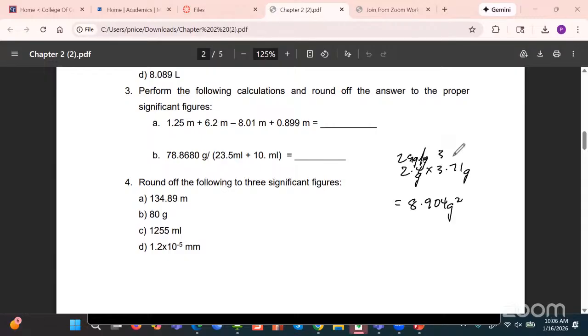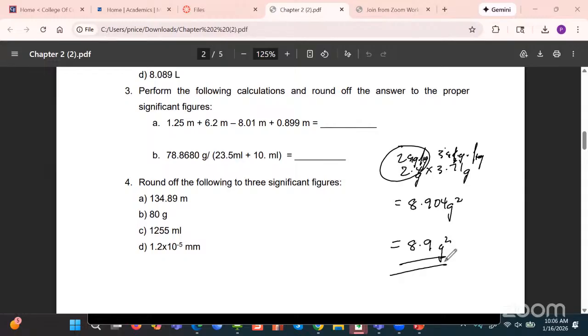So you round off according to the one with the lower number of significant digits, which is 2 here. So you round this off to 8.9 grams squared. And that's basically how you do that.